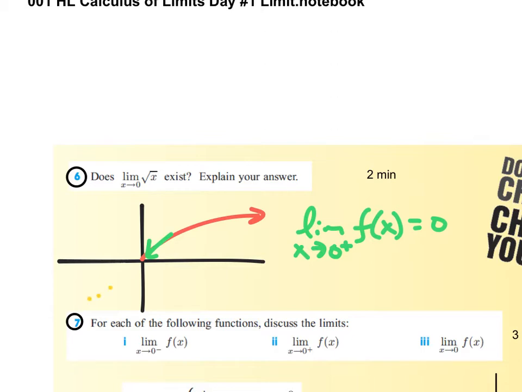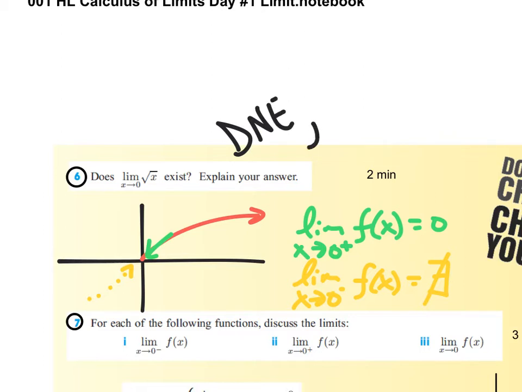But there's no limit from the left. Limit as x approaches 0 from the left of f of x. It doesn't exist. Therefore, since these two limits don't agree, that limit does not exist. Okay, it does not exist, or backwards e with a line through it.